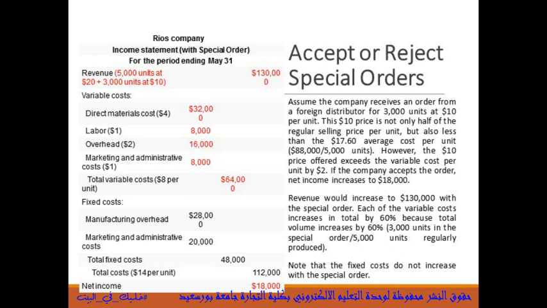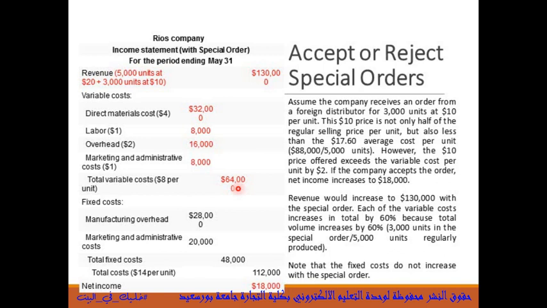In specific, if the company accepts the order, revenues will increase to $130,000. Revenues will increase by $30,000, that is 3,000 units multiplied by $10 selling price per unit. Variable cost will also increase by 60%. Sales volume has increased by 60%.